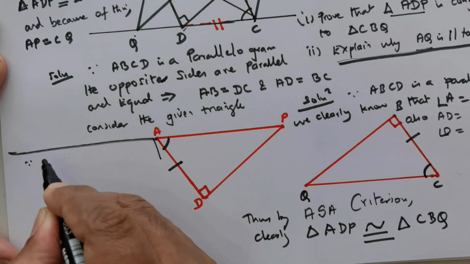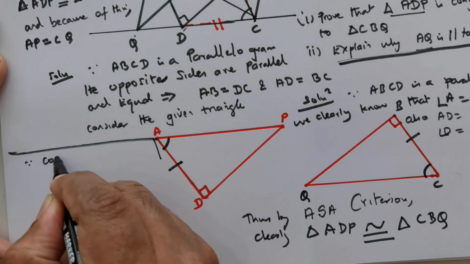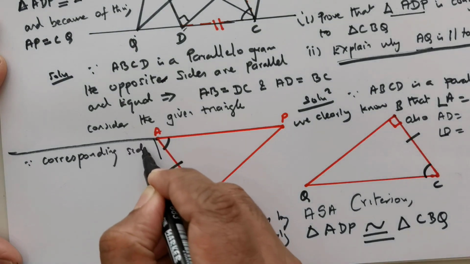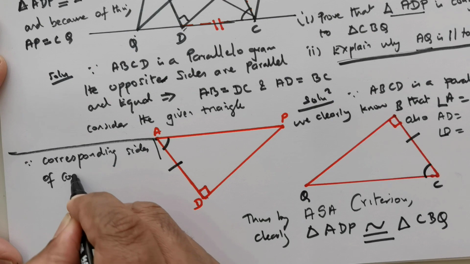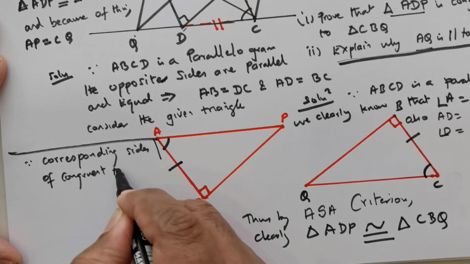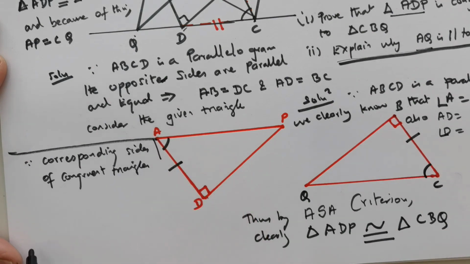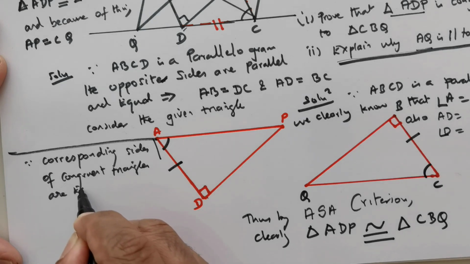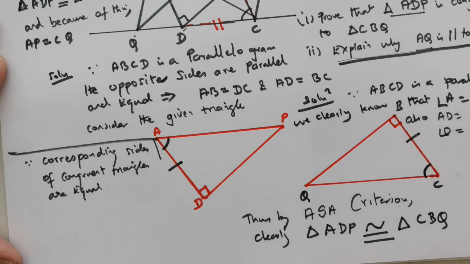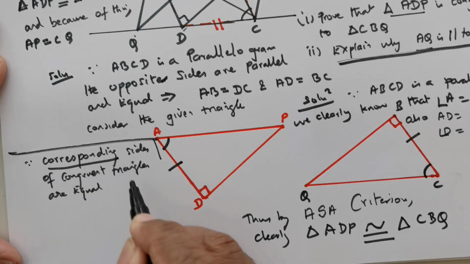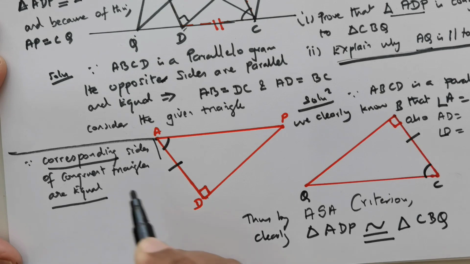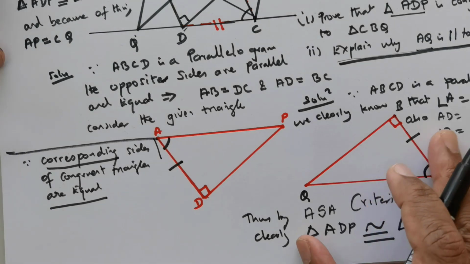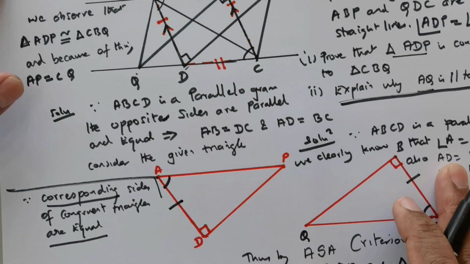Since corresponding sides of congruent triangles are congruent, that would mean are equal. You can use the word equal, right? Because of that fact, corresponding sides of congruent triangles are equal. So I have clearly shown here that AP is equal to CQ.